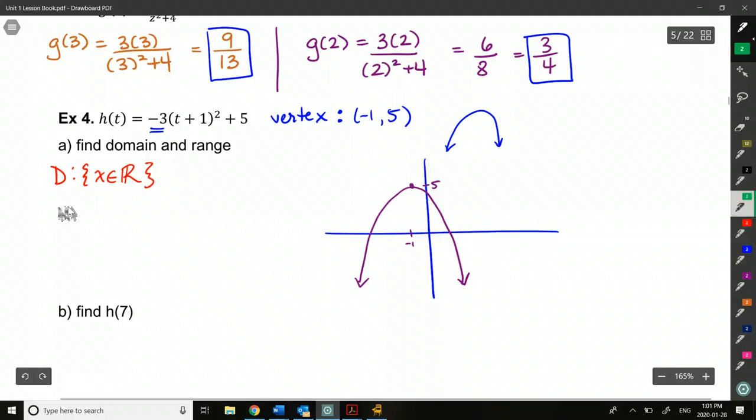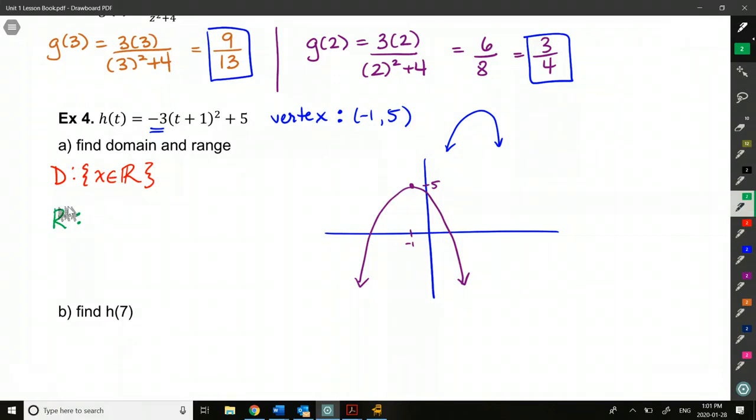How about range? Someone want to help us with that one? Charles? Is it infinite? No, it ends up. So do we have a bottom boundary here? No. Do we have an upper boundary?